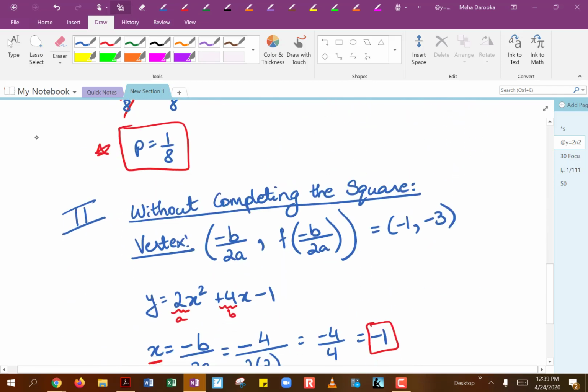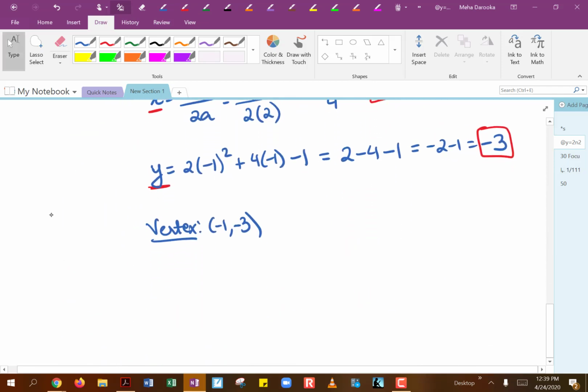So find the focus and the directrix like we did above. That process will stay the same.